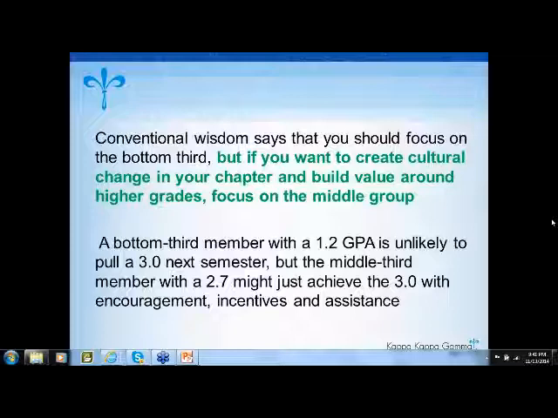Good for me. So again, focusing on that middle group, this is just a really great example of how you as an advisor can help the VPAE or the events chairman engage those middle people.